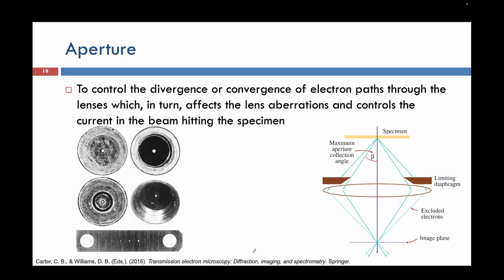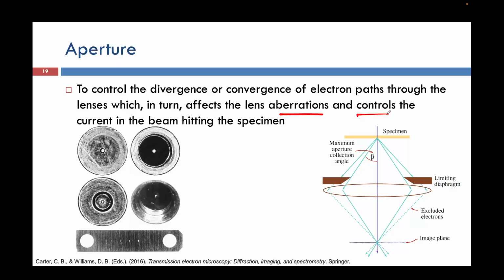Because if we don't control those electrons, lens aberration will affect the imaging of our material. Also, when we do not need a high amount of beam current hitting our specimen, these things come into the picture and affect the information we extract from the different diffraction patterns.